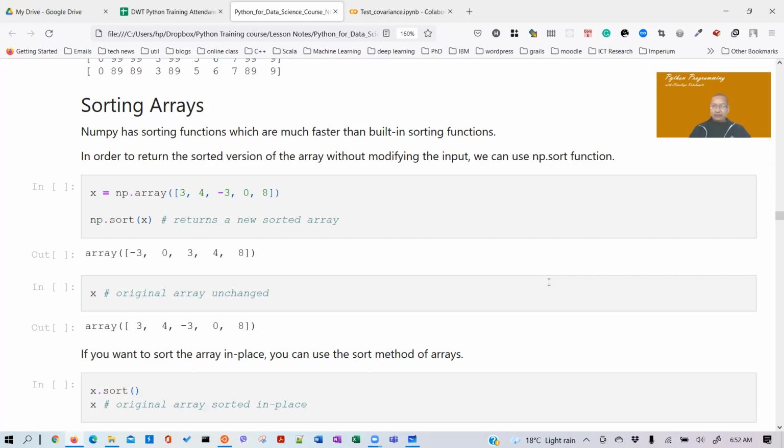This is much faster, much more optimized. Of course, you don't have to use a library like NumPy for sorting, but when you have bigger arrays, it does make a difference, okay? So let's see. Let me just copy this.